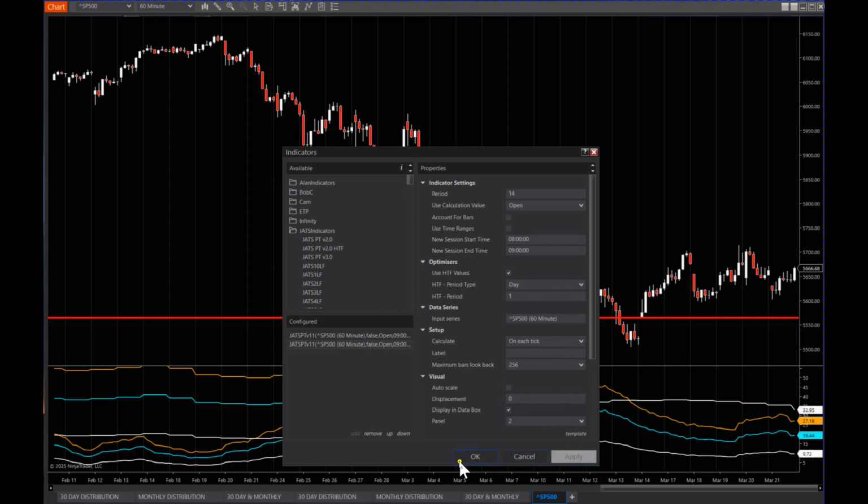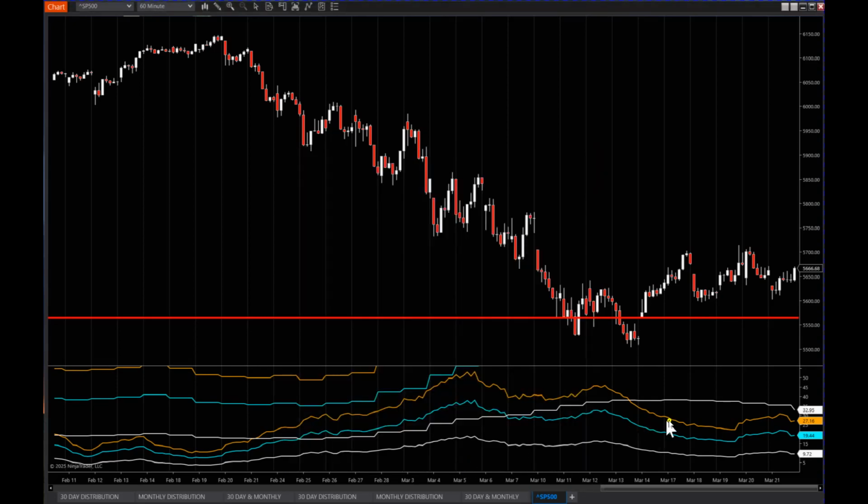There you go. So you can see that the 60-minute range is inside the daily one, so you're not going far, right? But when the 60-minute broke above the daily one, like right here, you can see that that's when the range went down.